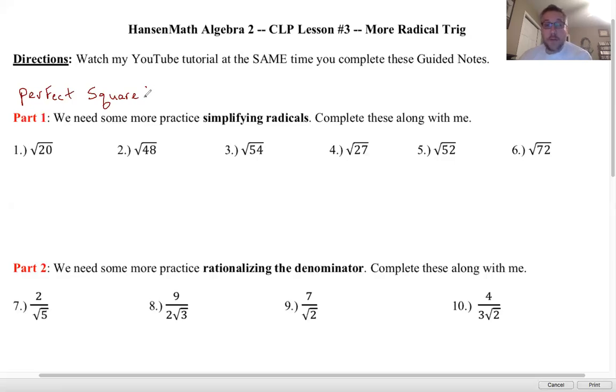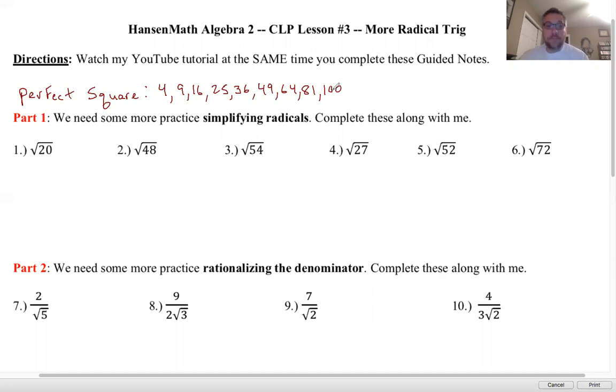Okay, here are your perfect squares. 2 squared, which is 2 times itself, is 4. 3 squared, 3 times 3 is 9. 4 squared is 16. 5 squared is 25. 6 squared is 36. 7 squared is 49. 8 squared is 64. 9 times 9 is 81. 10 squared is 100. Okay, that should be plenty for this assignment.